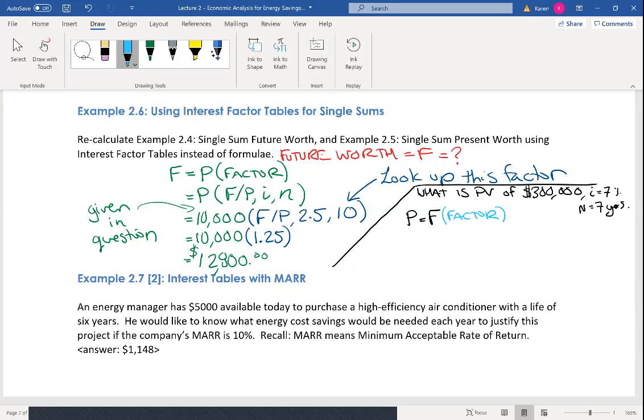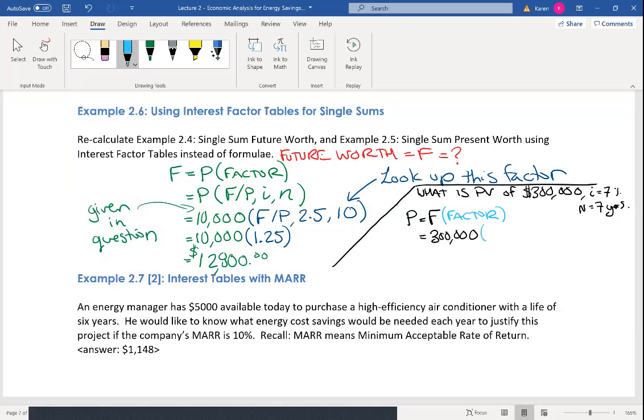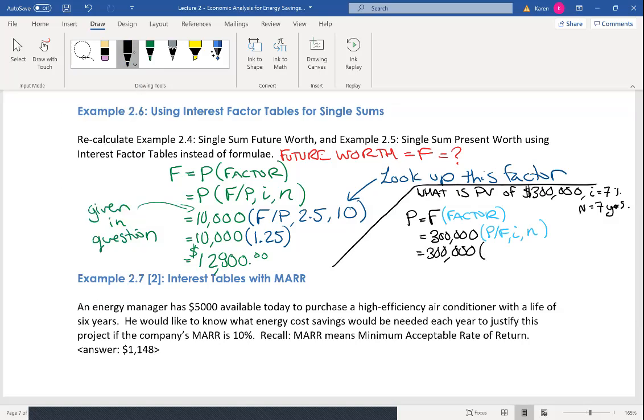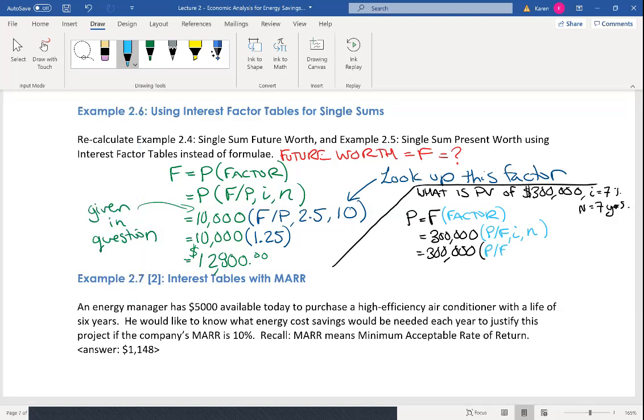And that present value is going to be equal to the future value of 300,000 times the factor. The factor you're looking for is present value, given that you know the future value, you know the interest rate, you know N. We want present given future at 7 and 7.